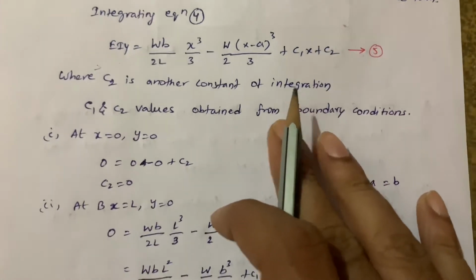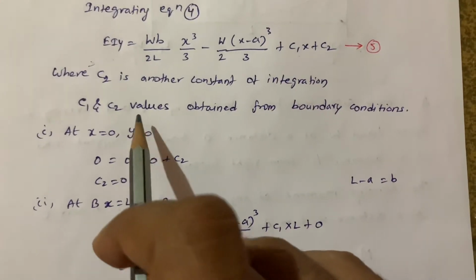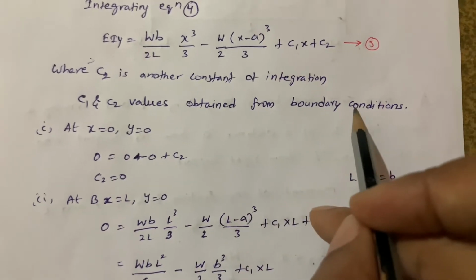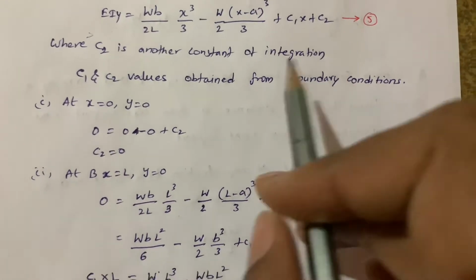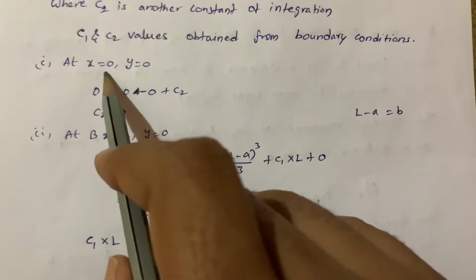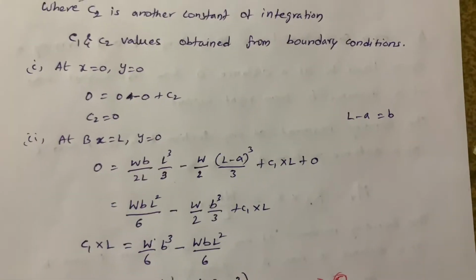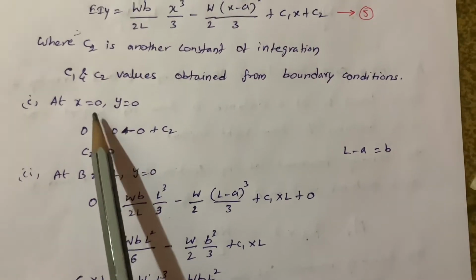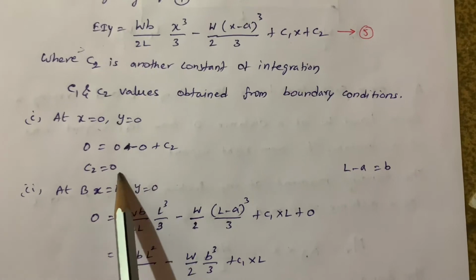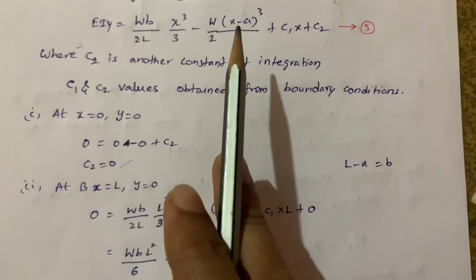Now I am substituting the values of C1 and C2 obtained from the boundary conditions. The boundary condition is at x equal to 0, y equal to 0. Substituting x equal to 0, I got C2 equal to 0 in this equation.